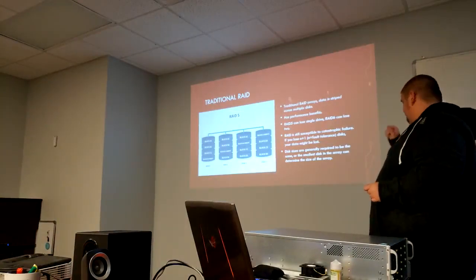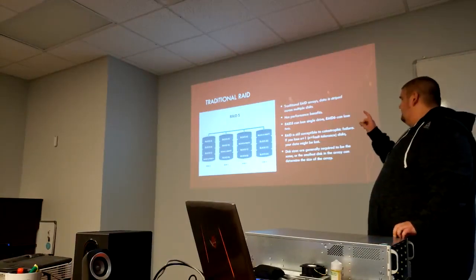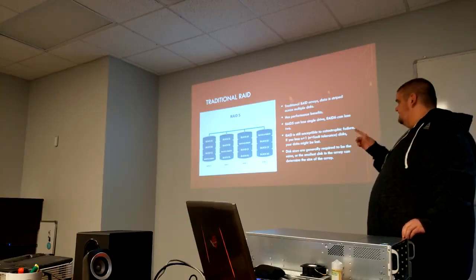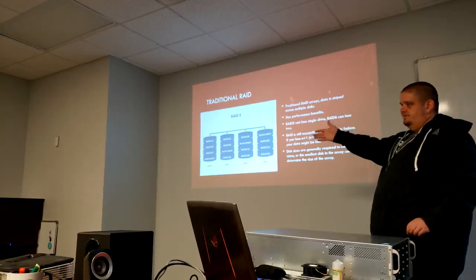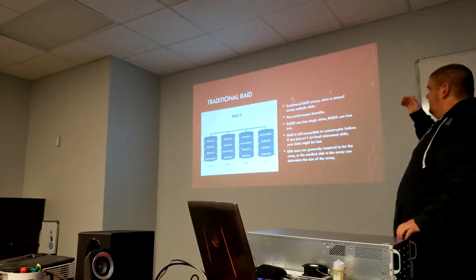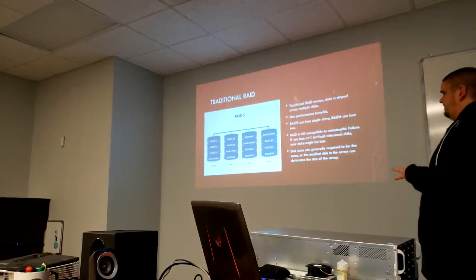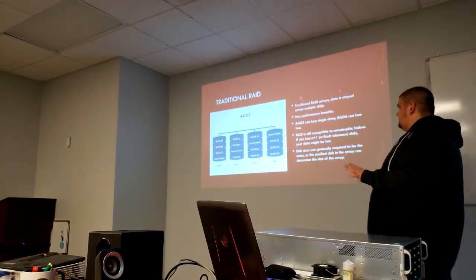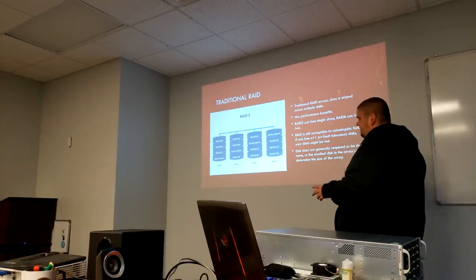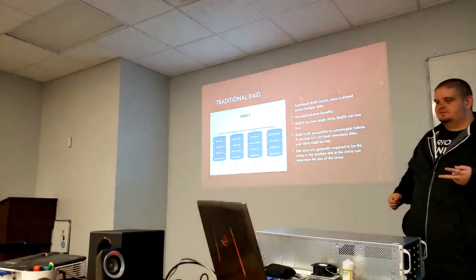RAID 5 is actually parity backed on a single disk, so you can actually lose a single disk and still be fine. RAID 6 allows you to lose 2. unRaid actually functions kind of the similar way where you can set up a single parity disk or dual parities.